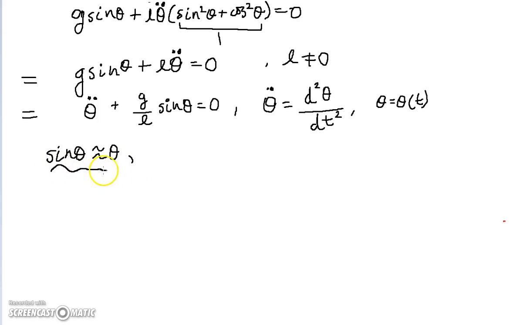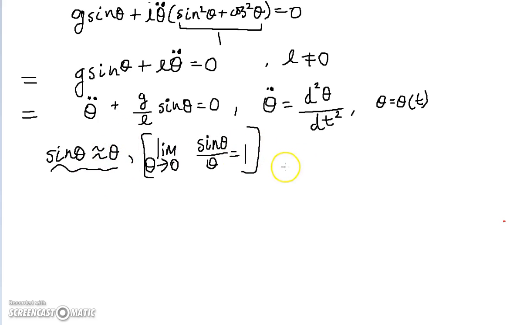If you want to know the reason for this, it's essentially because the limit, as theta approaches 0, of sine of theta divided by theta equals 1. That's why for theta very close to 0 radians, the quotient sine theta over theta is very, very close to 1.